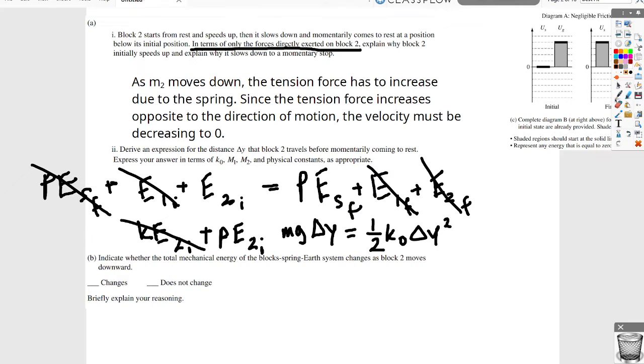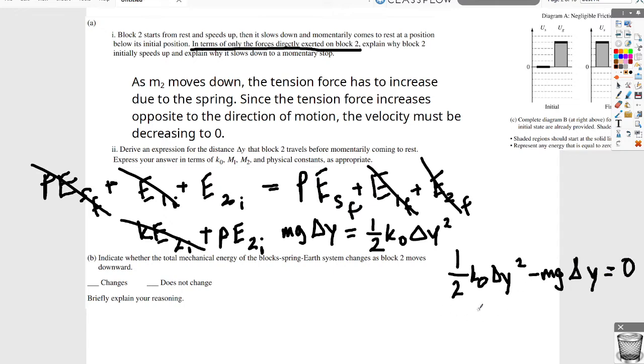And now we can solve the equation by factoring. Move everything to one side first, so 1/2 k naught delta y squared minus mg delta y is equal to 0.